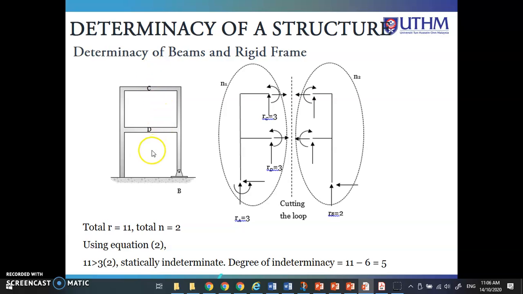So bila dia pecah kedua dekat C and D, the reaction dekat tengah-tengah ni akan jadi 3, RD akan jadi 3. So R kat sini dia tambahkan RA, RB, RC and RD. Sama juga untuk degree of indeterminacy, just perbezaan antara R and 3N.